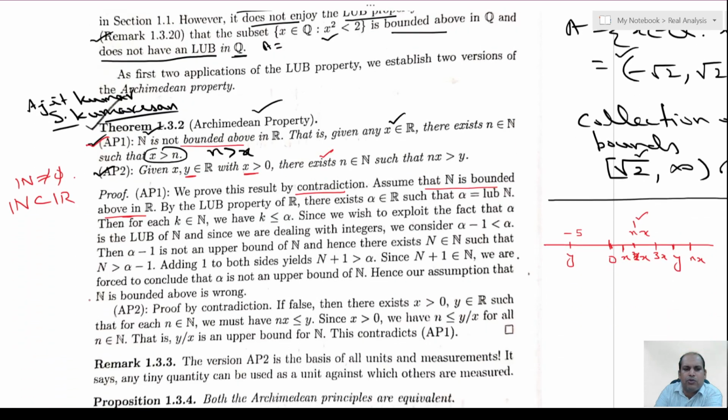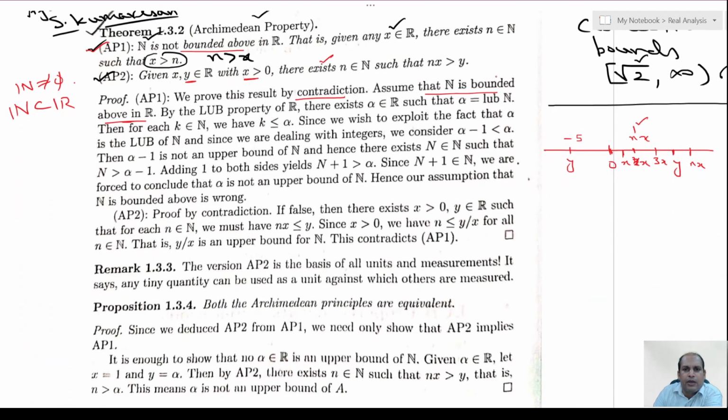Since we are assuming that this set is bounded above, suppose every n belonging to N is less than or equal to x. Then from the least upper bound property, every non-empty bounded above subset will have a least upper bound. So there is the existence of a least upper bound for the set of natural numbers. Now suppose that alpha is that least upper bound.